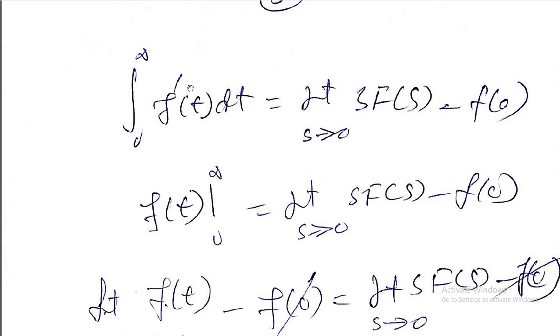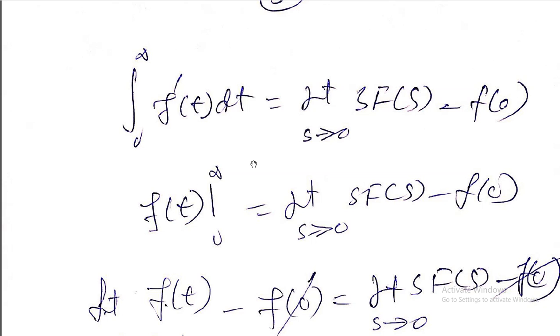If you solve this one, the integral of f'(t) will become f(t), and we will have f(t) from 0 to infinity. And on the other side, the limit as s tends to 0, we have s F(s) minus f(0), because we have taken s equal to 0 on both sides.